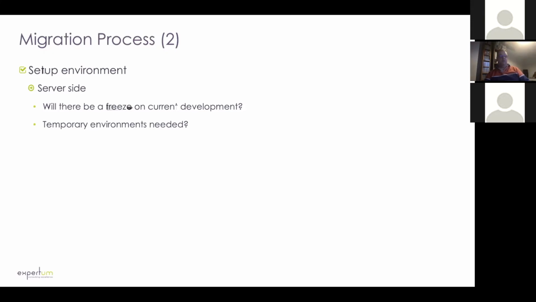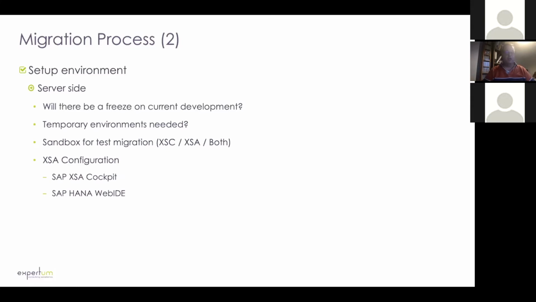So you have to think about setting up temporary environments, which is much easier nowadays with systems to speed up in the cloud. But you have to prepare these systems, and you definitely need a sandbox for the test migration, which is the next step, where you are going to create a user subset and do a test migration.